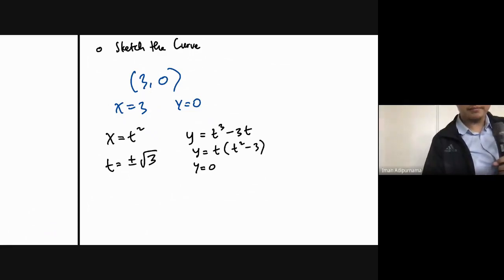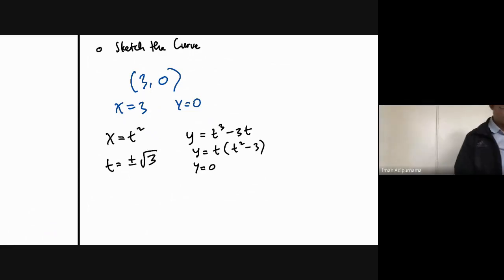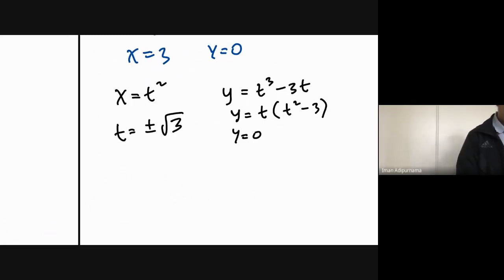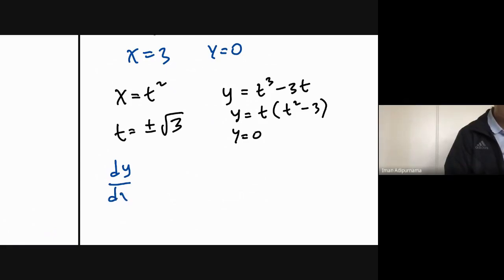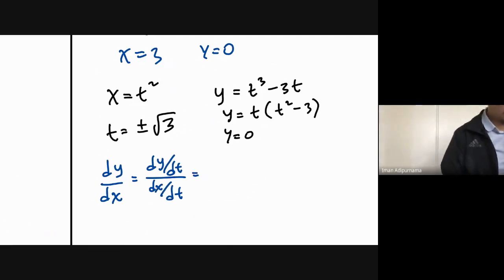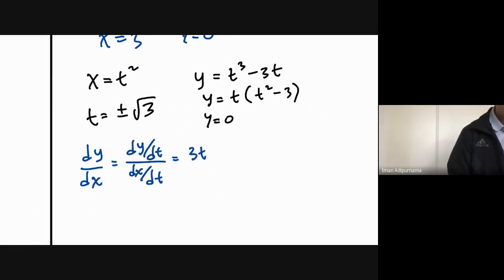Oh, the tangents. Okay. So we have at t positive square root of 3, then dy/dx will be, or let me write the general rule first so it will be more structured. Okay.